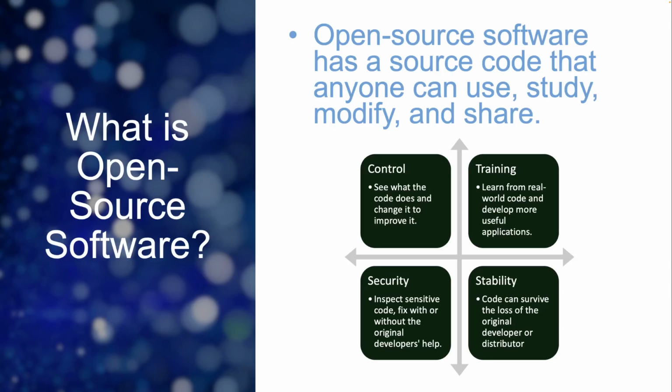You can learn from real world code and develop more useful applications. Security, because everyone can inspect sensitive code and fix it without the original developers' help or permission. Stability, because code can survive the loss of the original developer or distributor.